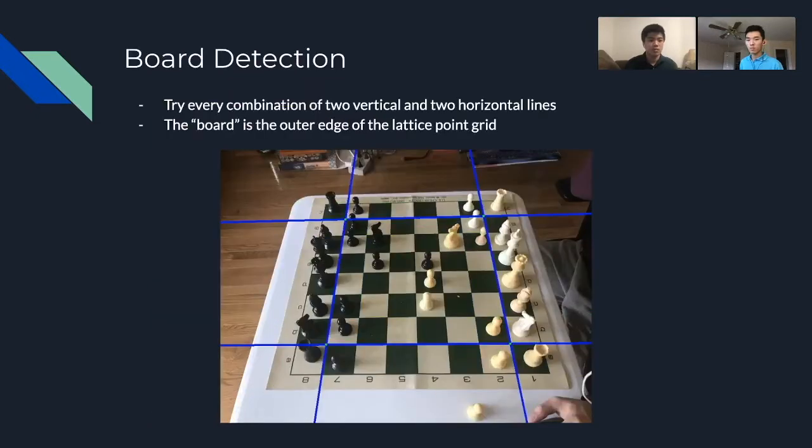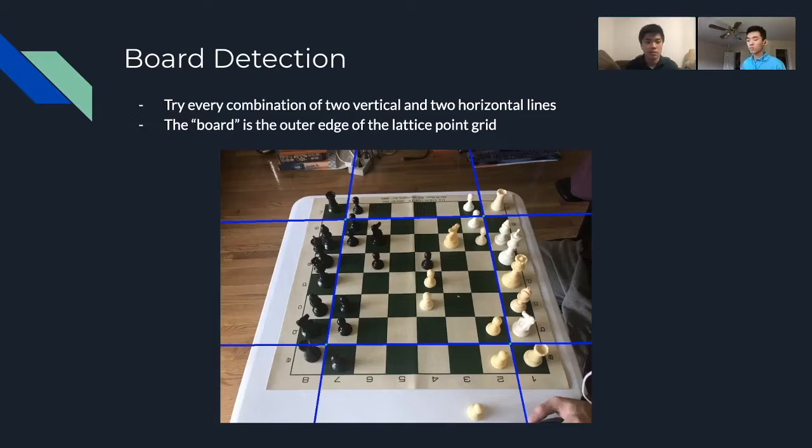And the last step of all of this is actually finding the board. So what we do is we try every combination of 2 vertical and 2 horizontal lines, and we analyze them with a polyscore function.